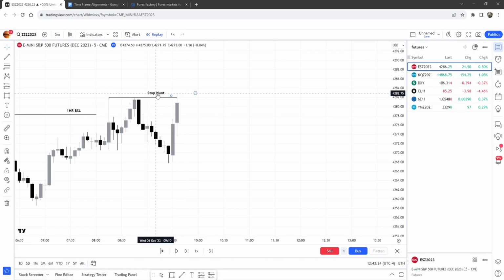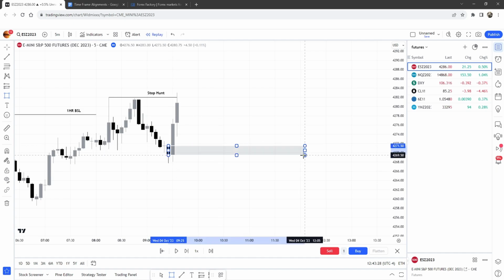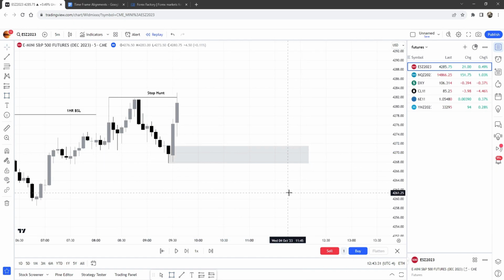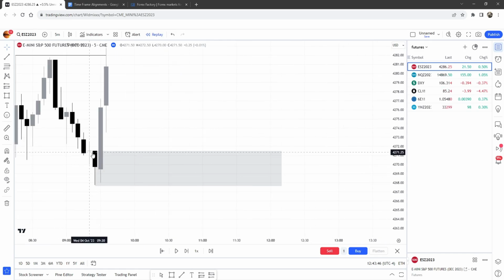Since we got the stop hunt, we can mark out what would be the breaker block. We are using the lowest down closed candle before the leg up that took liquidity. Since there's only one consecutive down close, right?